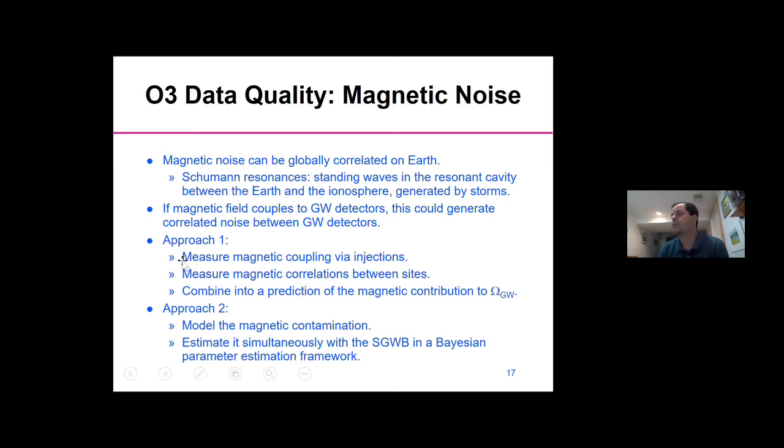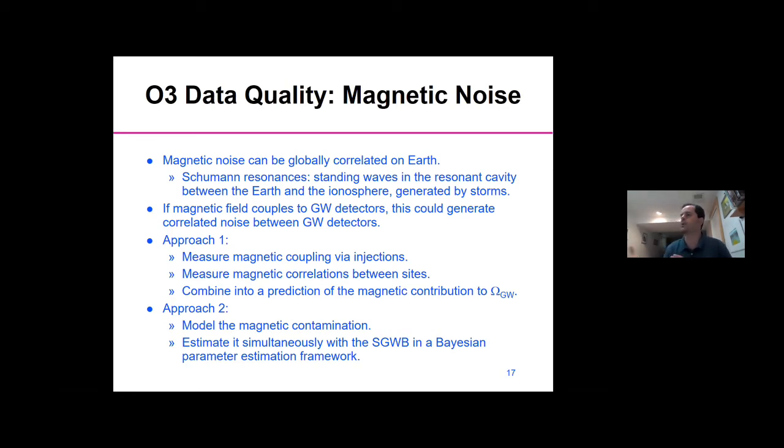One of them is to first measure the magnetic coupling. So what we do is at various places around the LIGO and Virgo detectors, near the corner stations and sometimes at the end stations as well, we create, using coils, strong magnetic fields, and we look at how strong those signals are in the strain.